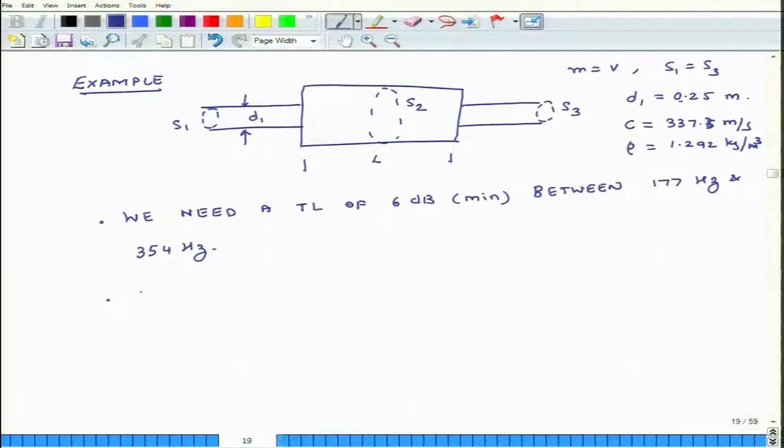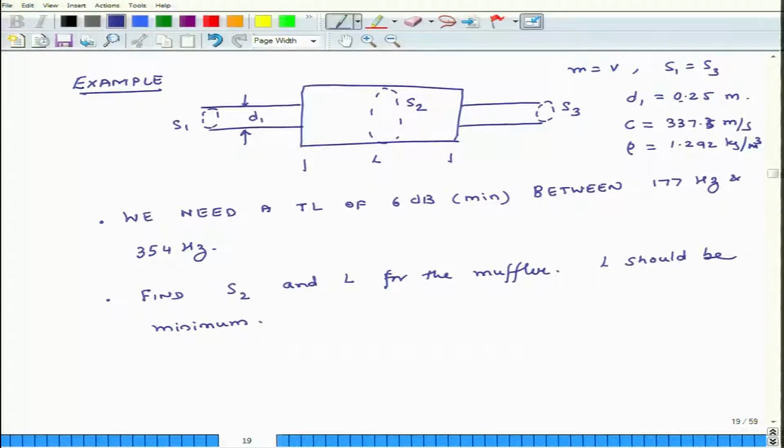So, find S2 and L for the muffler. And L should be minimum. So, this is what the requirement is.